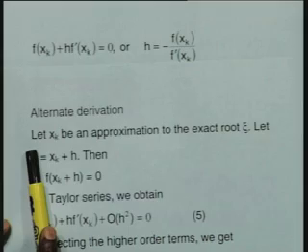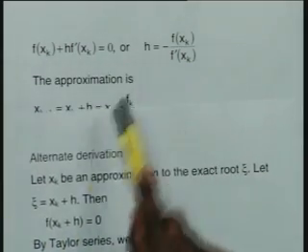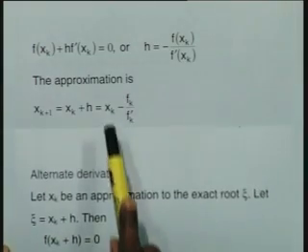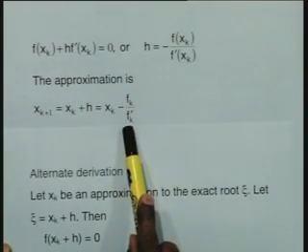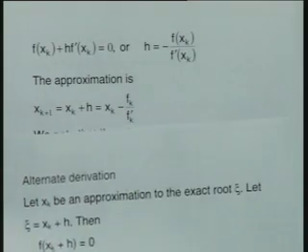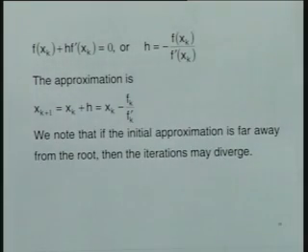So what I am getting here is not the exact xi but an approximate xi. So the next approximation will be xk plus 1 is equal to xk plus h, therefore xk minus f of xk by f dash of xk. Therefore a simple Taylor series gives me an alternative method of deriving the Newton-Raphson method.